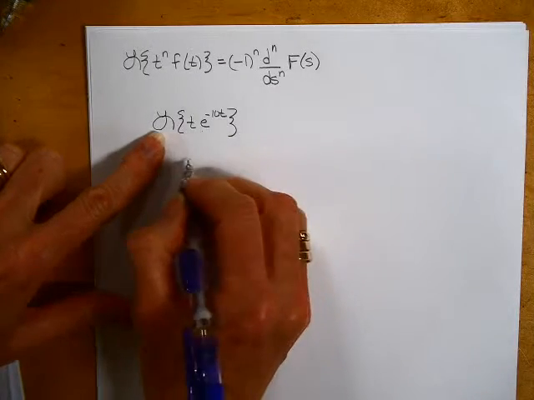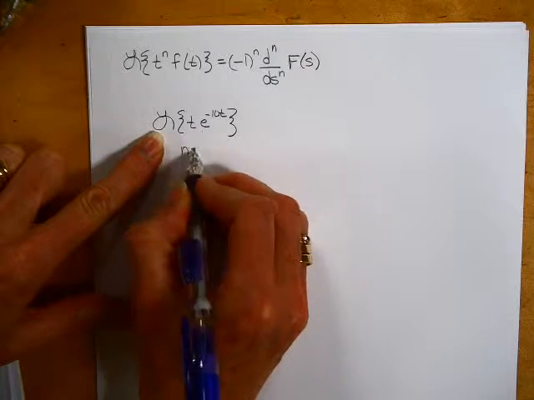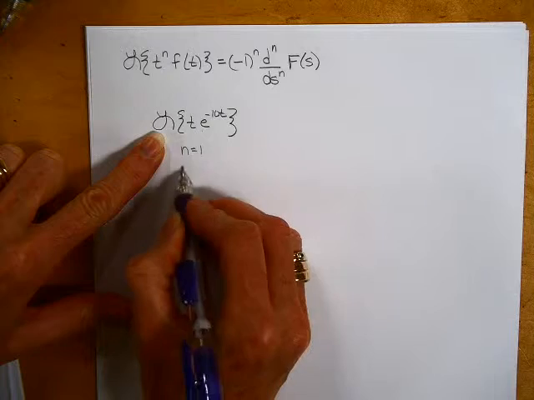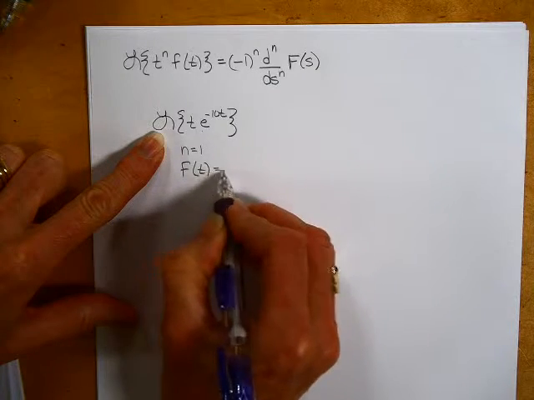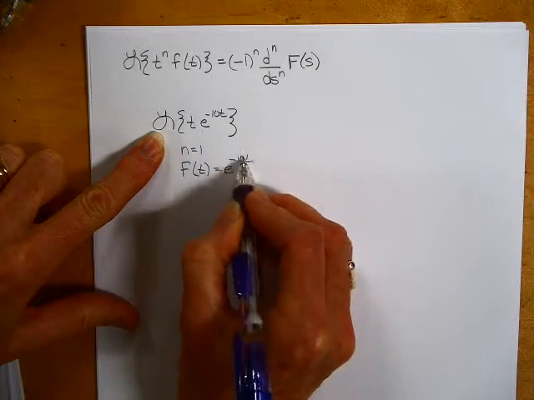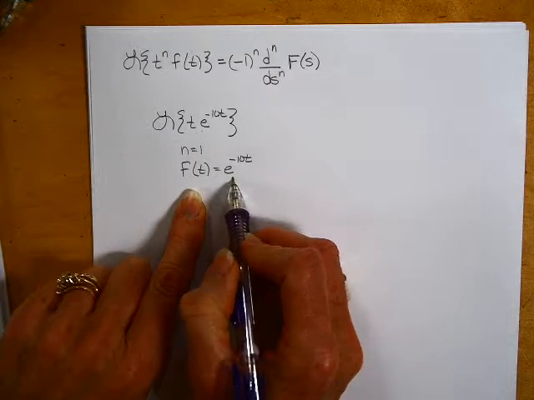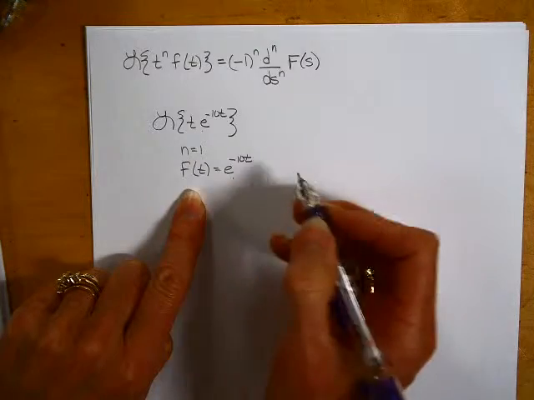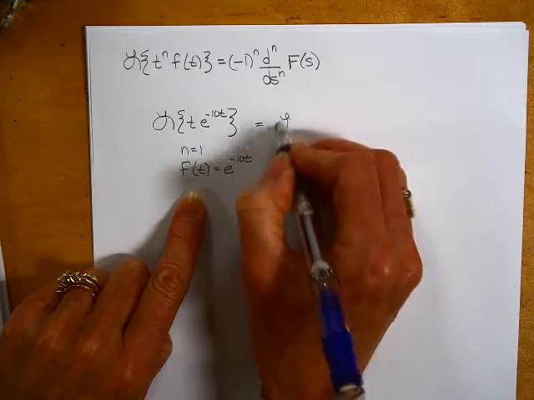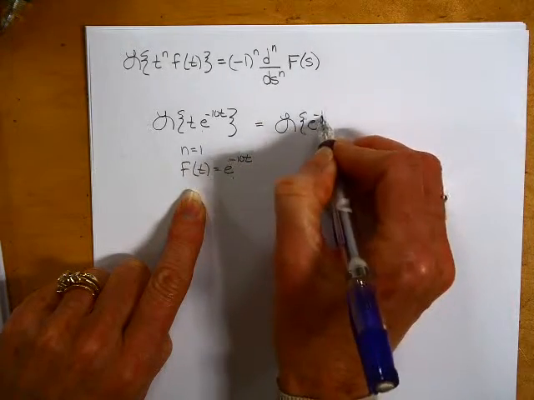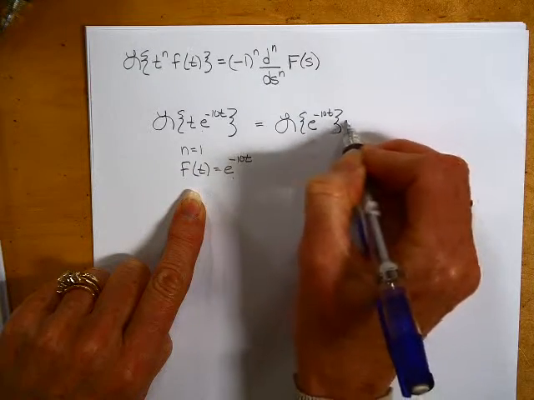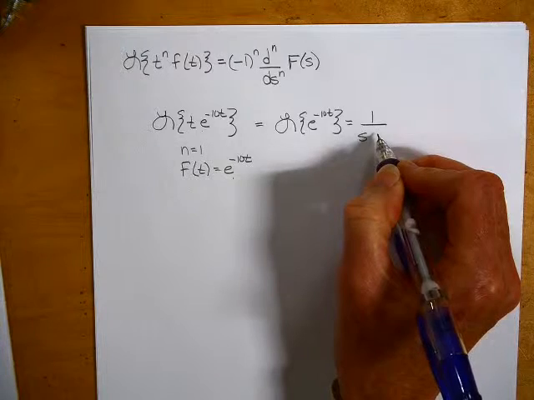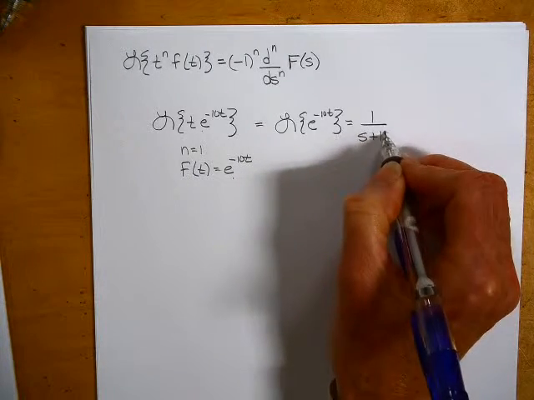So in this particular problem, my n is 1, because my exponent's 1, and my f of t is e to the negative 10t. So what I'm doing is taking the Laplace transform of e to the negative 10t. You've got a formula for that: it is 1 over s plus 10, I do believe.